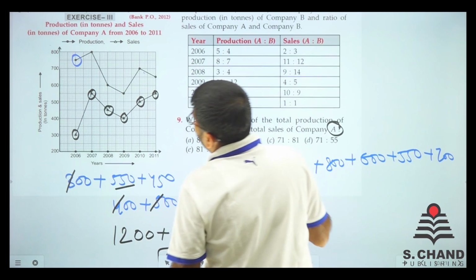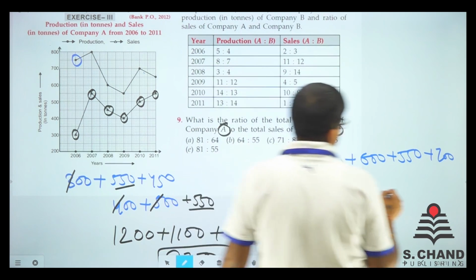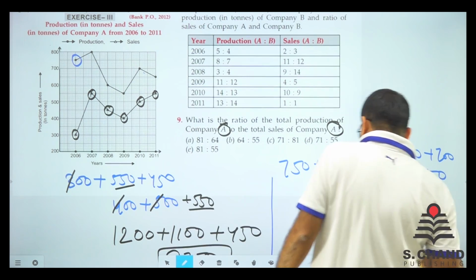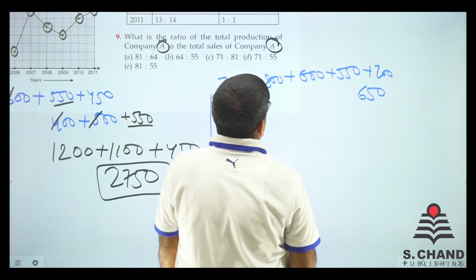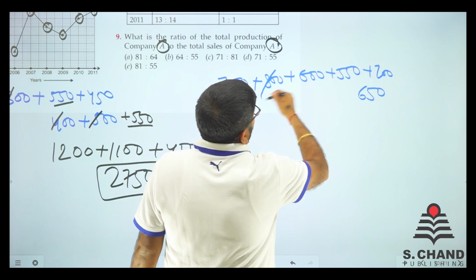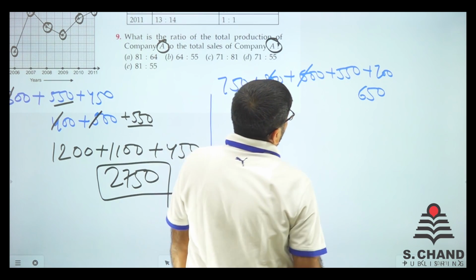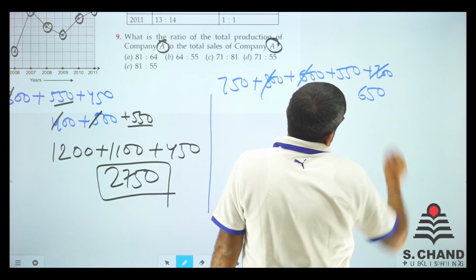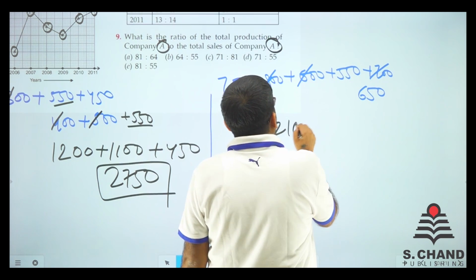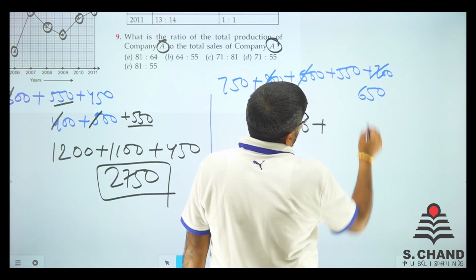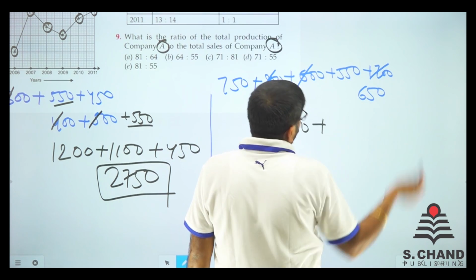And then last value is like 650. Let's calculate this also, right? So we have got 8 and 6 is like 14. 14 and 7 is like 21. So here we get 2100. Then we have got 65 and 55. That is 1200.